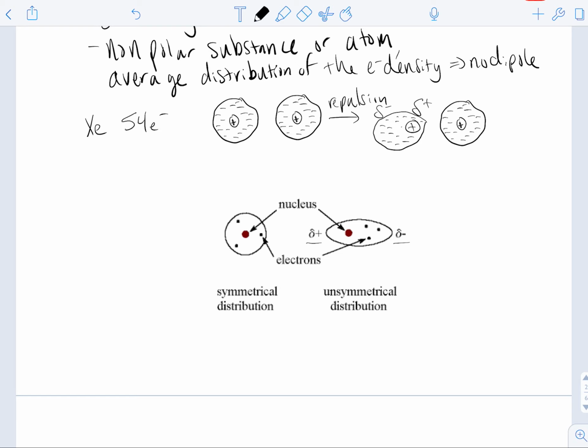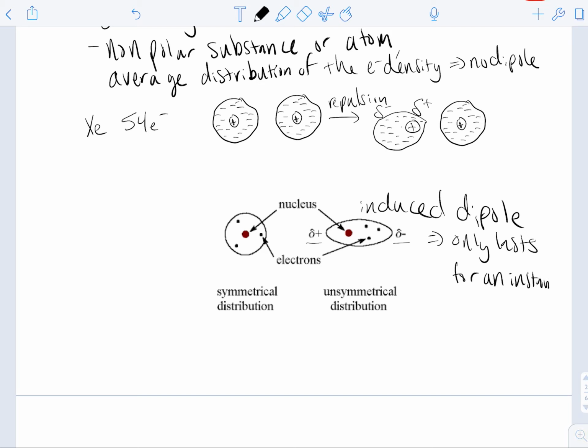So this right here would be an induced dipole. It only lasts for an instant. It's not a permanent thing, it's not a permanent dipole, but because we get an instantaneous or induced dipole that can induce other dipoles, we get some electrostatic interactions going on.